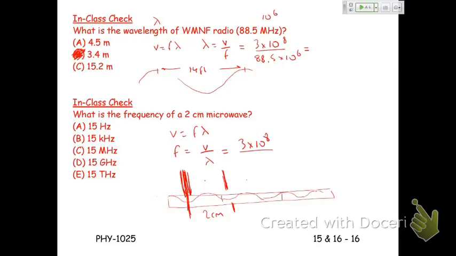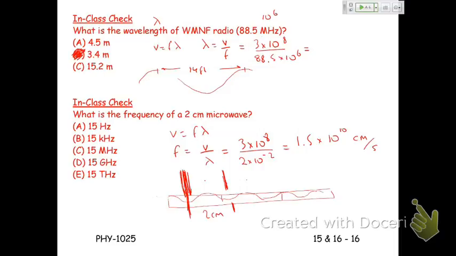And then what you can do is you can say 3 times 10 to the 8 over 2 times 10 to the minus 2, 2 times 10 to the minus 2 centimeter, yeah? That's going to equal 1.5 times 10 to the 10. Oh, I'm sorry. That's centimetres per second. I'm in centimetres. I shouldn't really be in centimetres here.